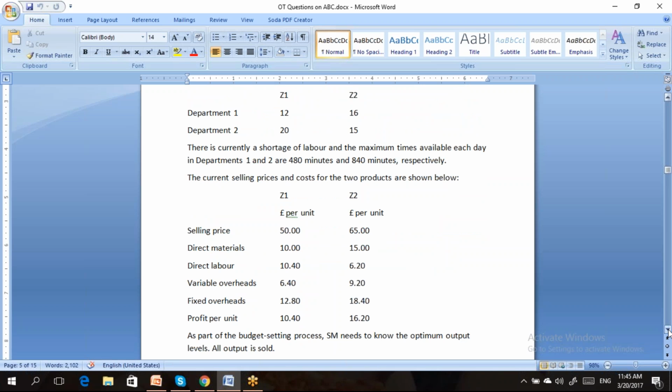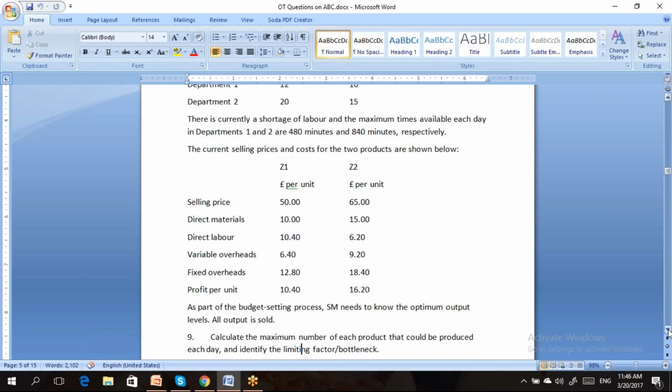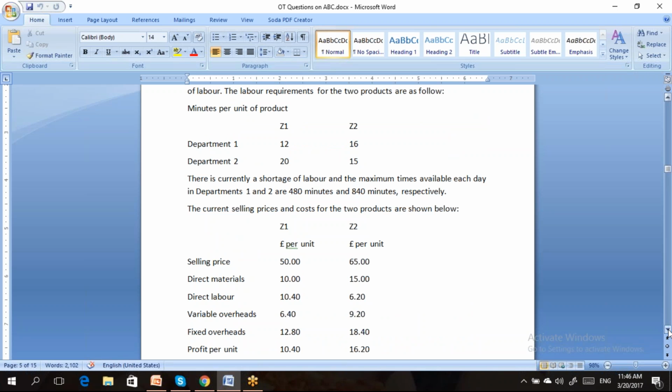All output is sold. So calculate the maximum number of each product that could be produced each day, identifying the limiting factor, the bottleneck. So first of all, what we have to look at is each of the departments. We know the limiting factor is the labor.